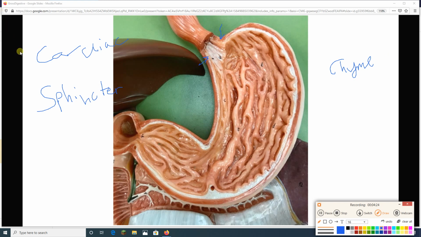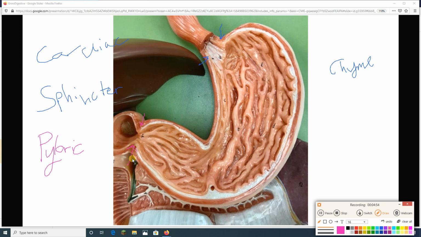So, anyway, what else do we see? Well, we see another sphincter at the distal end of the stomach. Look at that bulge of muscle. It's bigger and stronger. That sphincter is the pyloric sphincter. Now, we need a sphincter here because the stomach is capable of doing something that the small intestine is not.